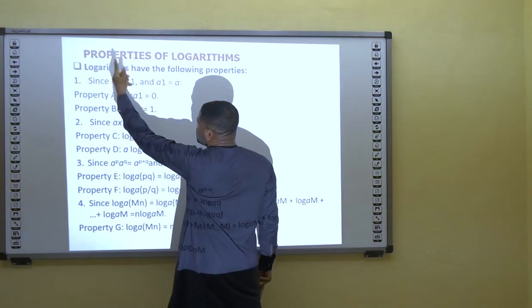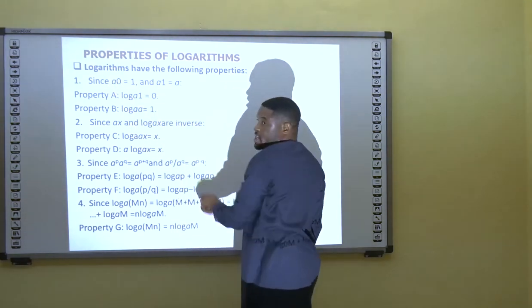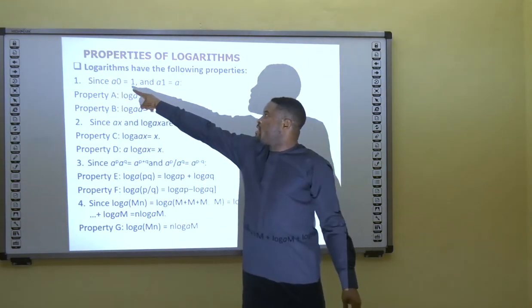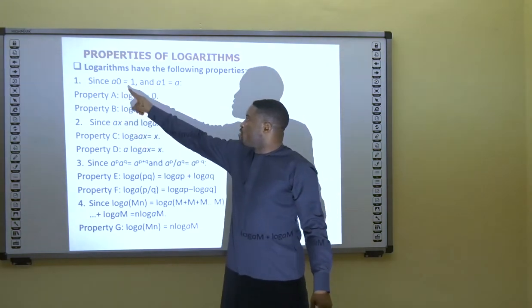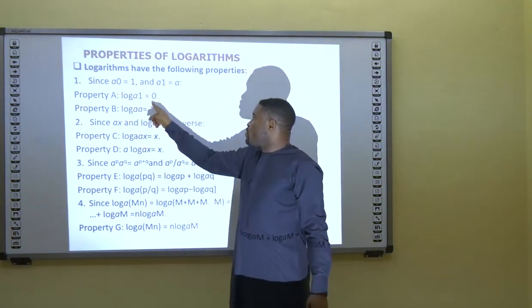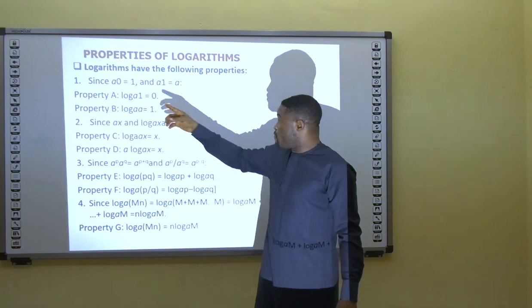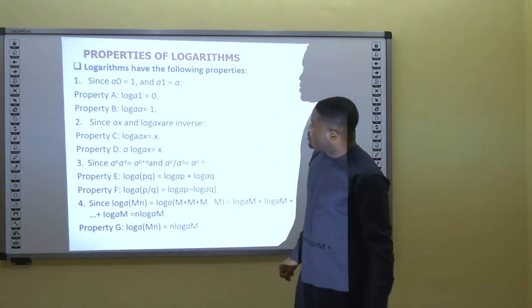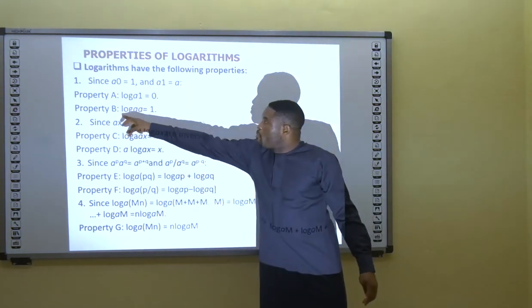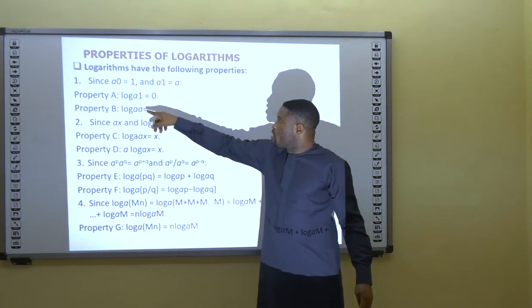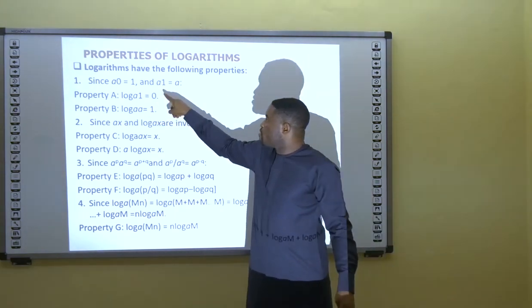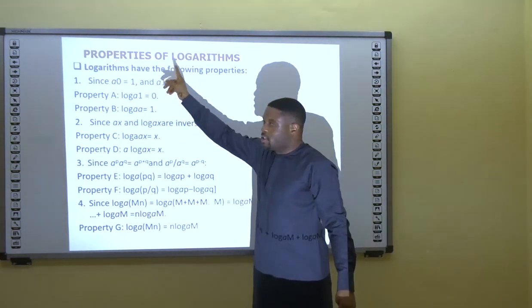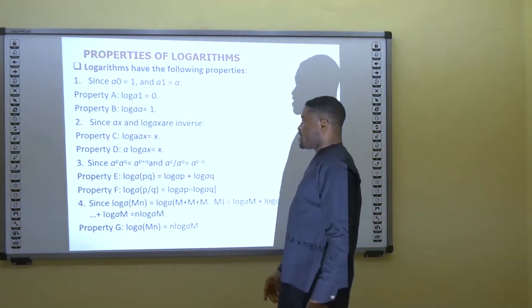Now this is also an inverse of the exponent. The inverse of that exponent is what we call the logarithm, so you arrive at log a of 1 is equal to 0. And the same thing applies for property b, the log base a of a is equal to 1, in the reverse order of the exponents.